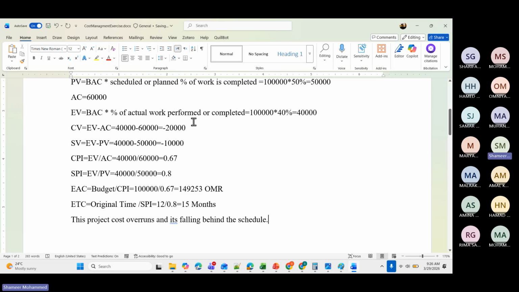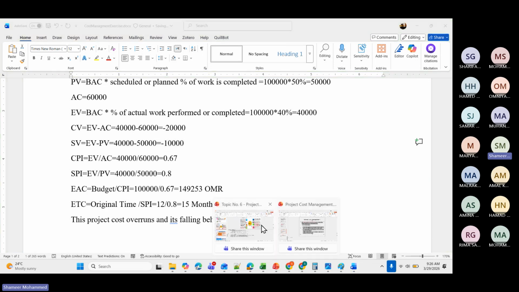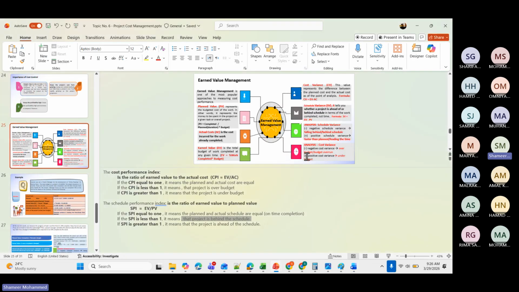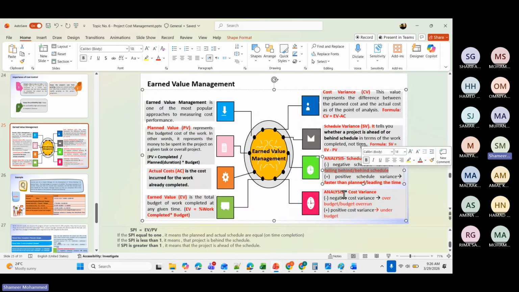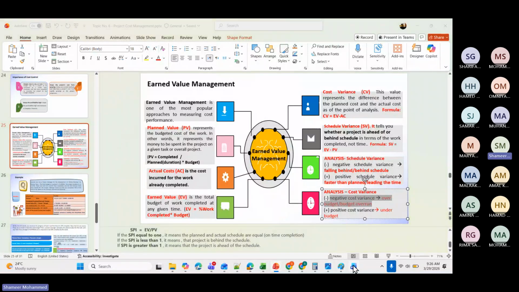The value you see here is minus. So minus means you are behind the schedule. Schedule variance minus means you are falling behind. Cost variance minus means over budget; you are spending more money.